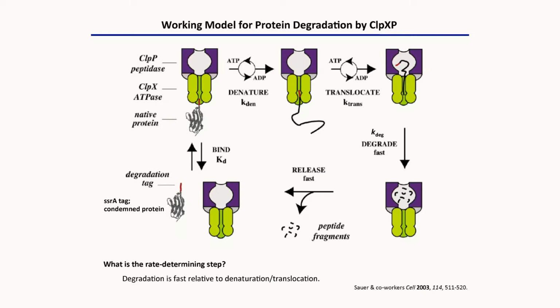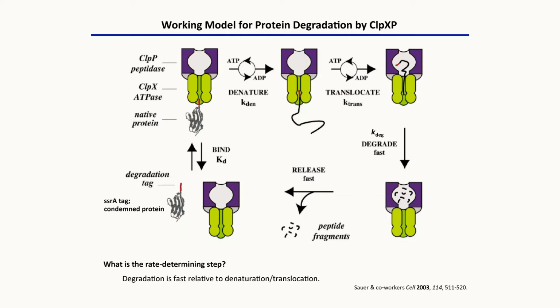And that's defined by a rate constant for denaturation, as shown here. If we look next, we have translocation. So this polypeptide is moving through ClipX into the degradation chamber, right? And this is also associated with a rate constant, so rate constant for translocation. And both of these steps require the use of ATP.